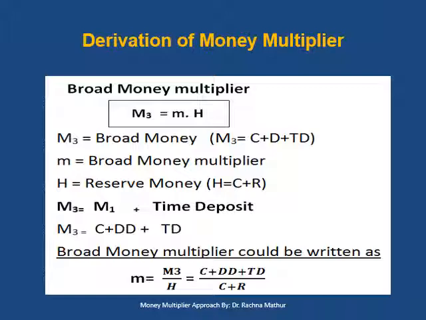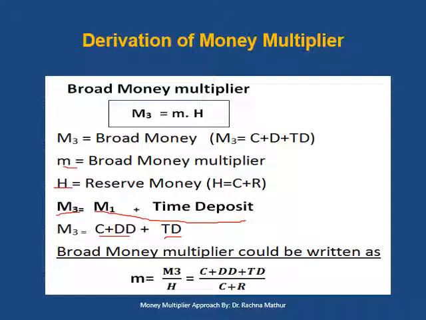Now, let us see the derivation of the money multiplier with broad money. Broad money is M3, which is M1 plus time deposits, where M1 is the currency with the public and demand deposits in banks, and time deposits added to it become M3. Now, the broad money multiplier is M3 equals small m into H, where small m is called the broad money multiplier.